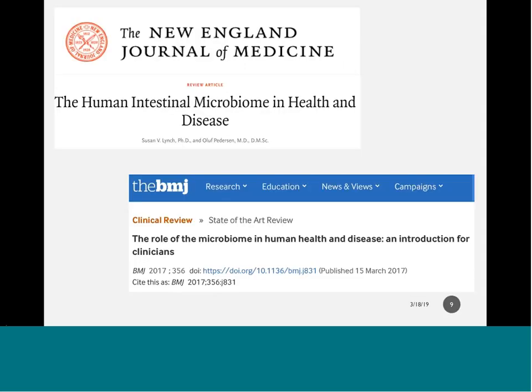Okay. And there's definitely a lot of interest in this in the medical community, and there's been increasing amounts of research in humans, although the body of work in animals is still much larger, particularly interest in the implications for human health.